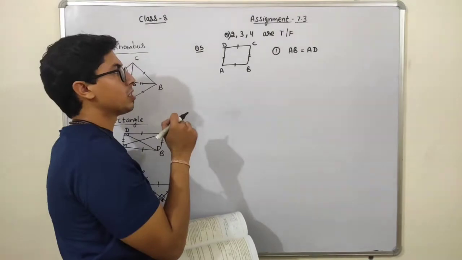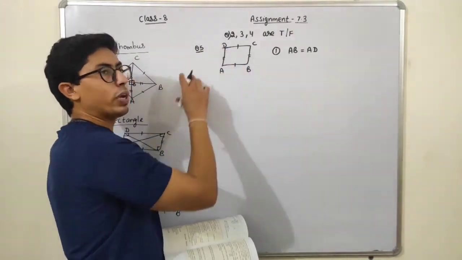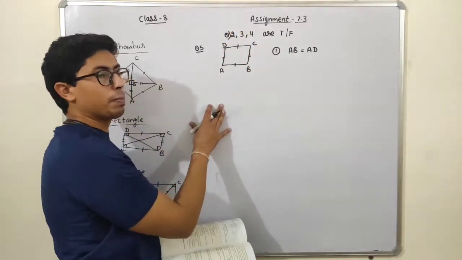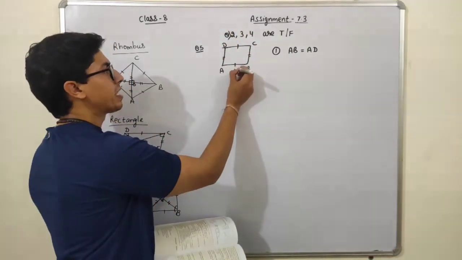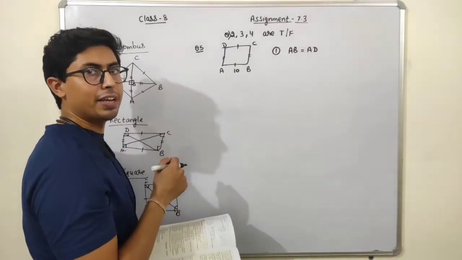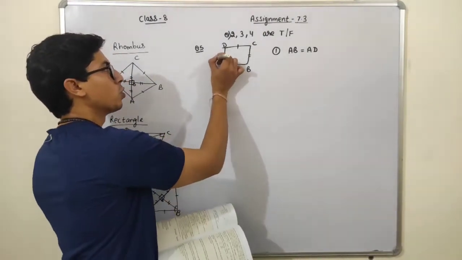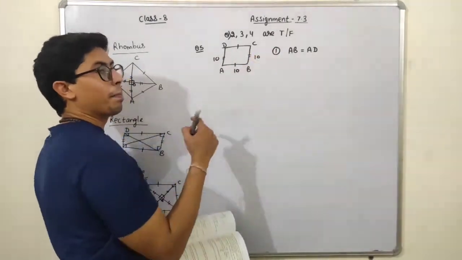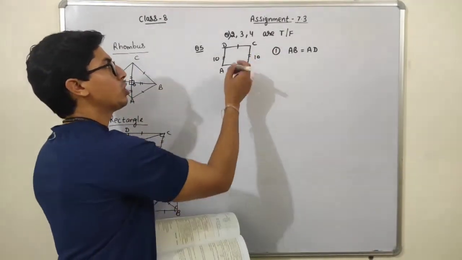Now, students, just listen to me. If AB is equal to AD, then this is equal to this as well. Because see, if I take AB as 10, for example, but AB is equal to AD, it is given in the question, so this will be 10. Now these two sides are equal, so this will be 10. And because it is a parallelogram, these two sides will be equal.